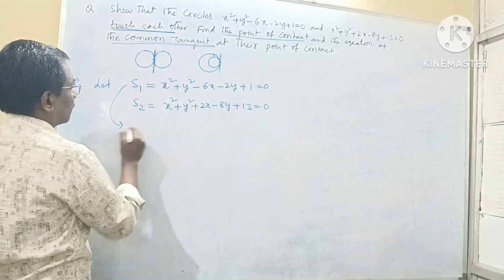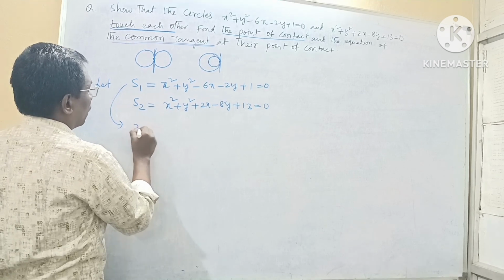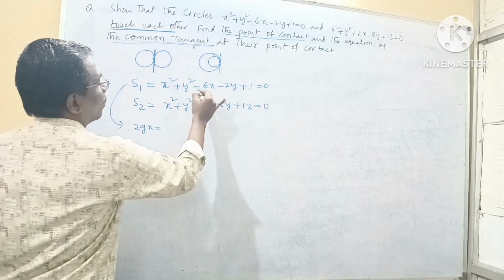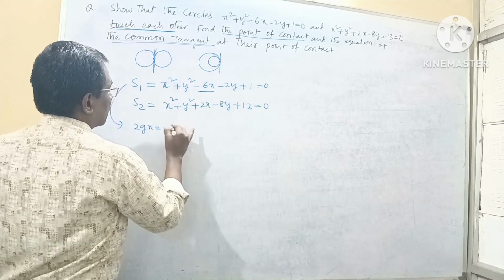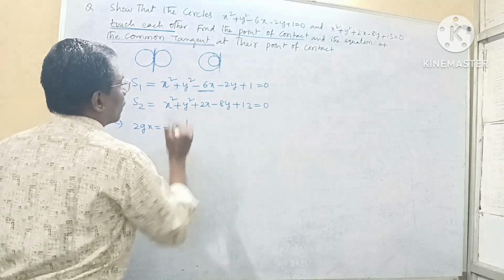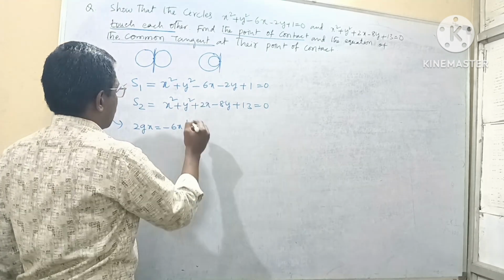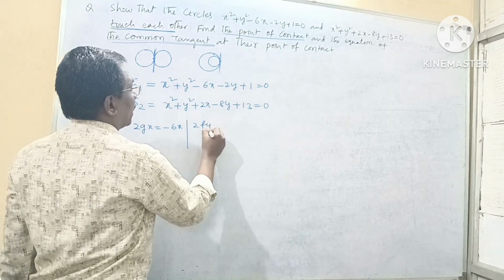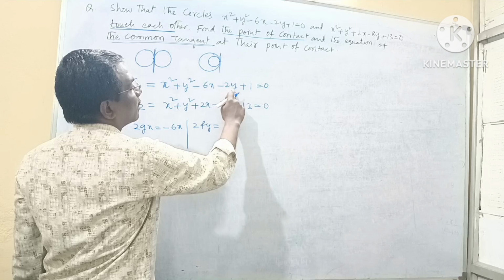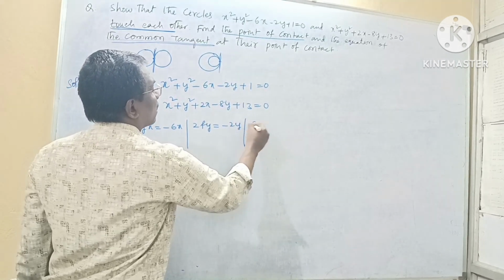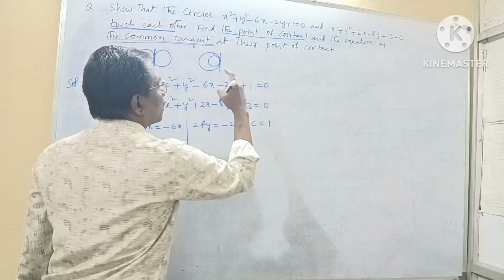Here, 2gx is minus 6x. Next, 2fy is minus 2y. And c is equal to 1.